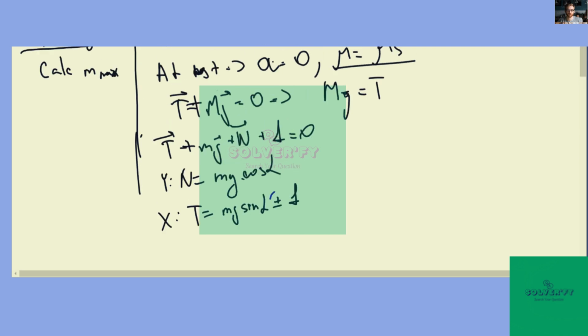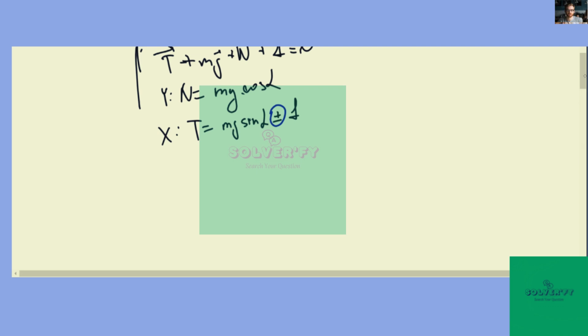The plus minus comes from the fact that we don't know which direction the friction force is directed. It can be directed towards both positive and negative x, and here we have to come up with a solution which corresponds to the maximum mass.